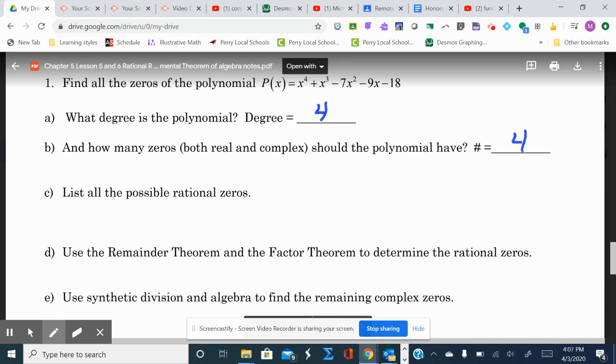So let's go back to our rational roots theorem and figure out what our rational roots are. The ones that show up on the graph are our rational zeros. So we need our P and Q factors. P is 18, Q is 1.